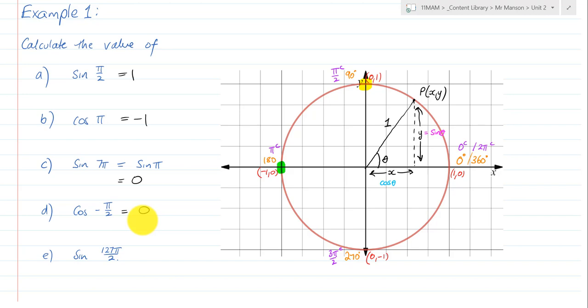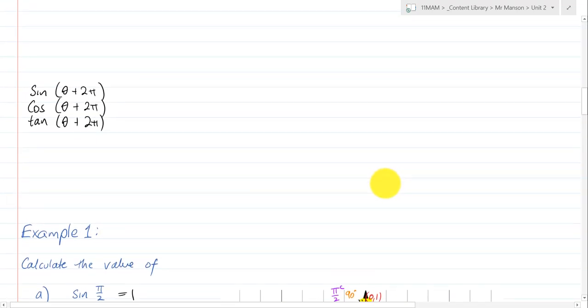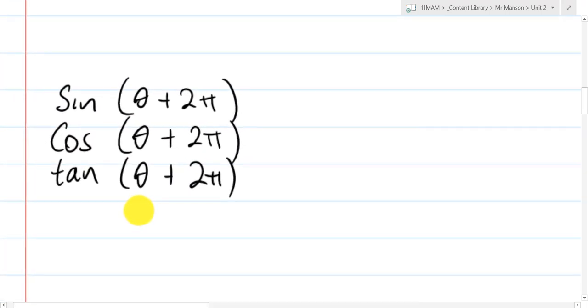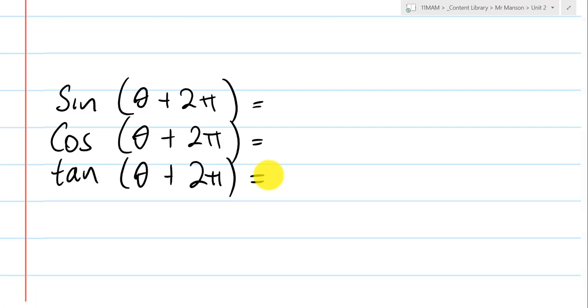Last one. And it's going to rely on a rule, which you might want to write down. I'm just going to write them down up here very quickly. Here are 3 rules, and they're true, and they can be extended. This is not a generalization yet, so it's just a start to the rules. When you get an angle and you add 2 pi to that angle, what is sine of the new angle equivalent to? We don't know theta at this point, so it's a generalization.